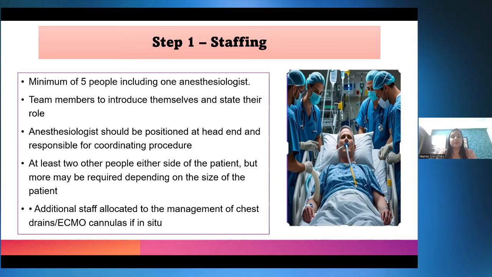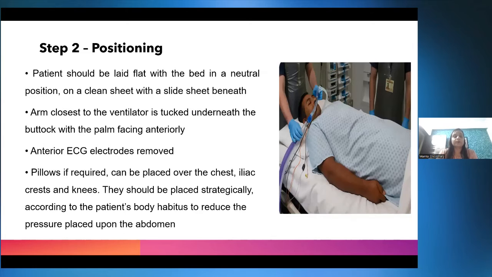Anesthesiologist should be positioned at the head end and will be responsible for coordinating the whole procedure. At least there should be 2 other people on either side of the patient, but more may be required depending upon the size of the patient. Additional staff should be allocated for the management of chest tubes, chest drains, and ECMO cannulas if in situ.